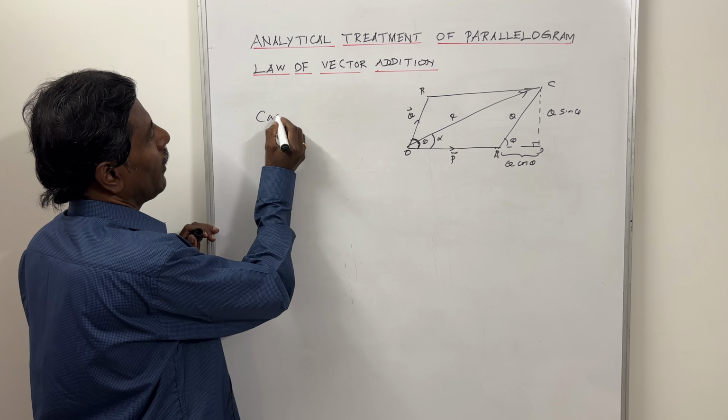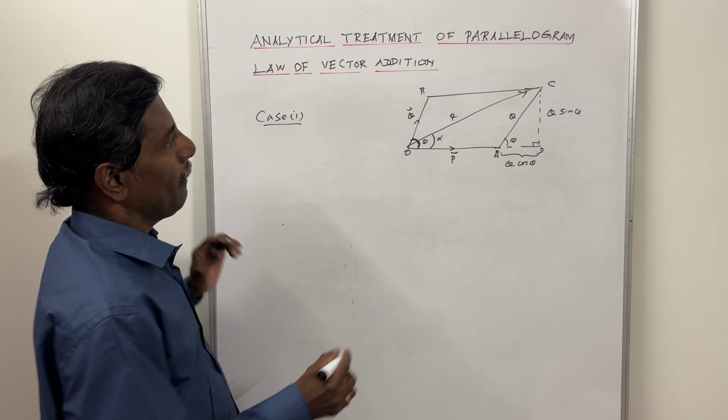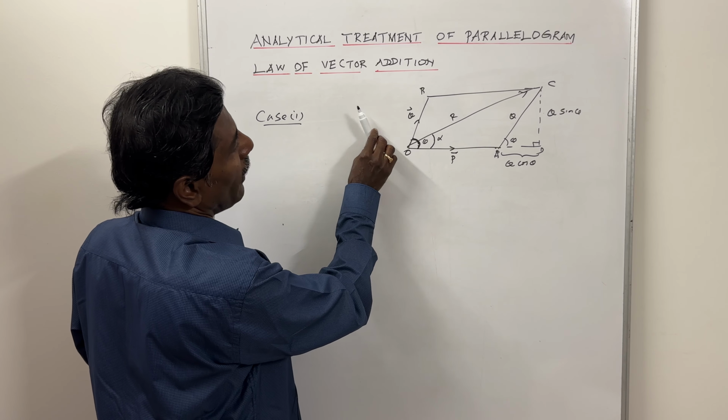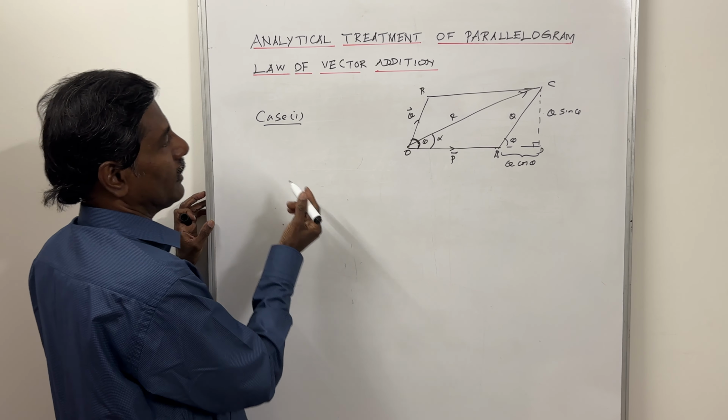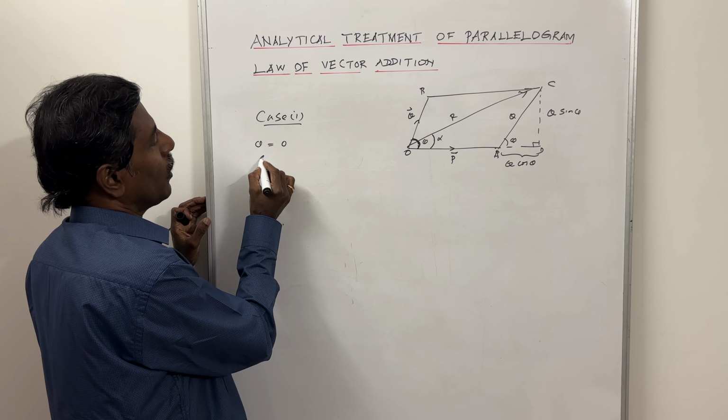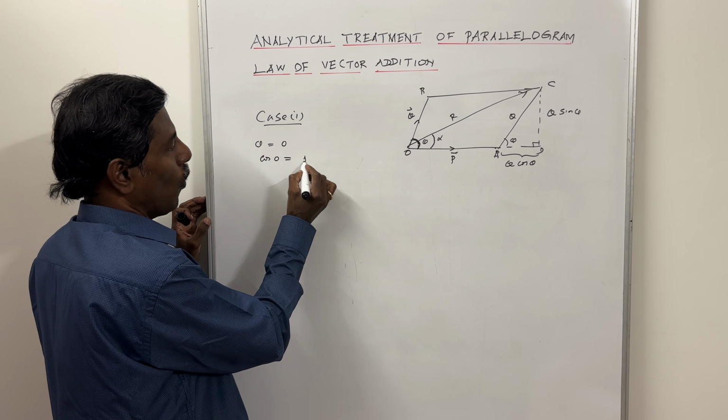Case 1. Now we consider that the P vector and Q vector, here the Q vector lies on the side of the P vector. Now theta will become 0. So cos 0 becomes 1.